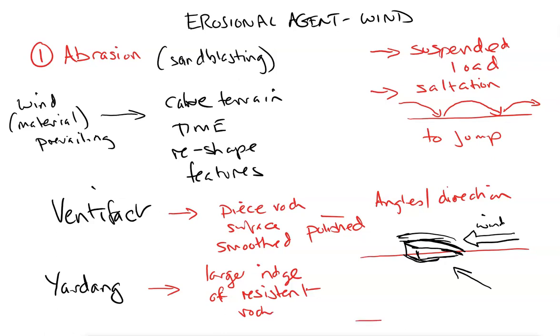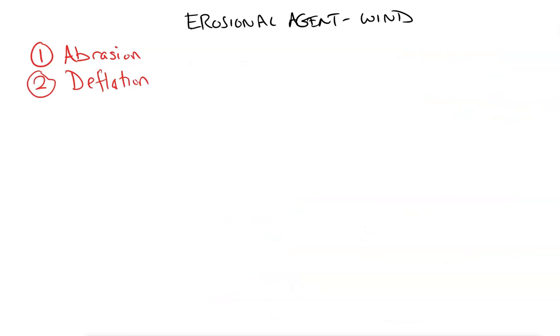And it's, again, on the surface, but you have this larger rock, and the wind is coming from this direction, and it basically carves around this larger rock that's more resistant, and the softer, less resistant rock will be removed quicker, leaving this isolated, larger smooth piece of rock. So we have abrasion, which is the impact.